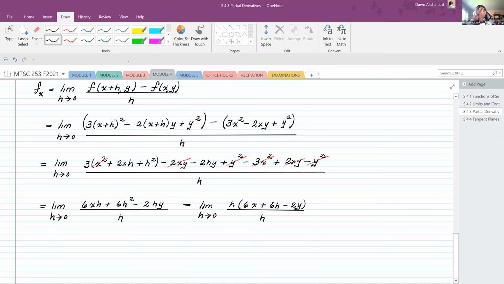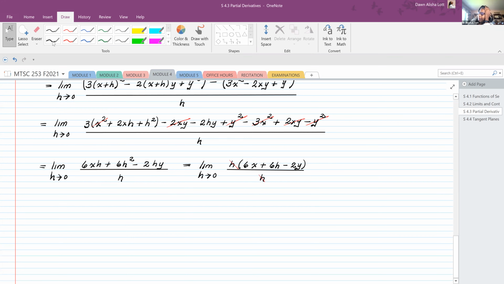And the h's divide out. And this is the limit as h approaches 0 of 6x plus 3h minus 2y. And that answer is 6x minus 2y. And that is exactly what it's supposed to be.